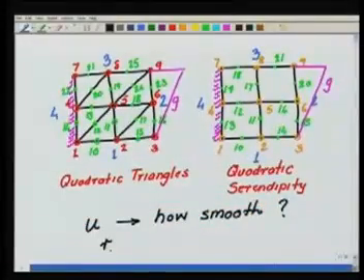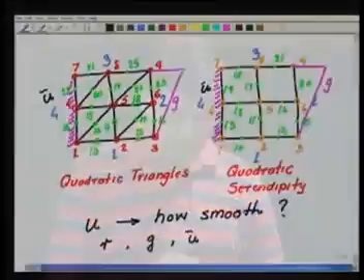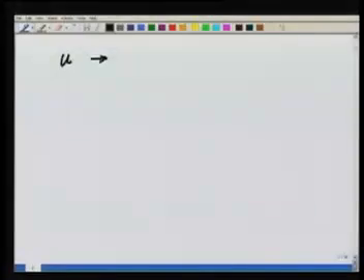It turns out that the smoothness of the solution not only depends on the body source term R and the boundary flux term G, or the boundary displacement U bar, but it also depends on the domain and the way the boundary conditions switch.